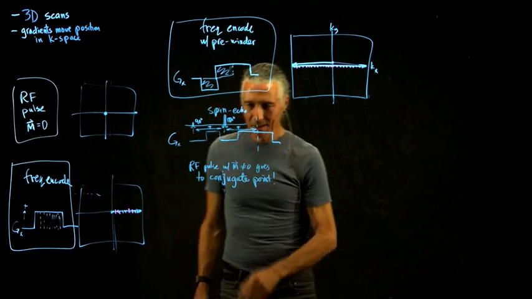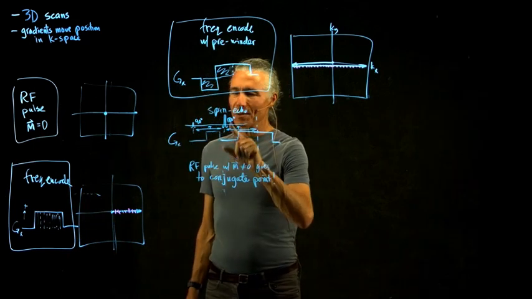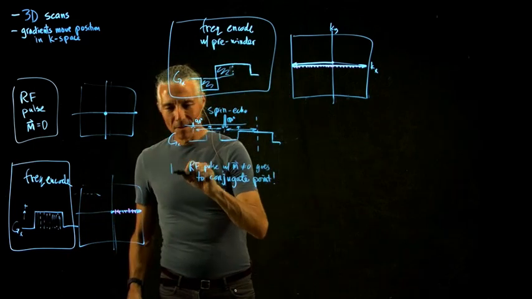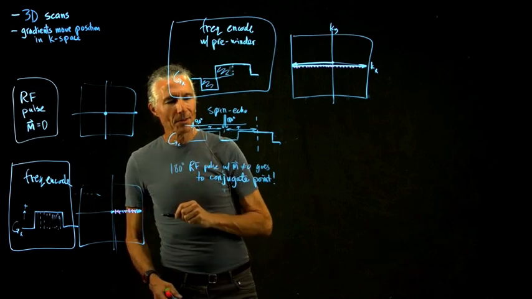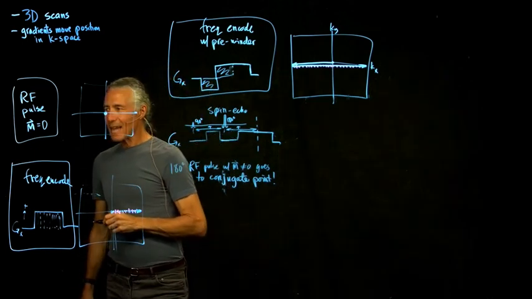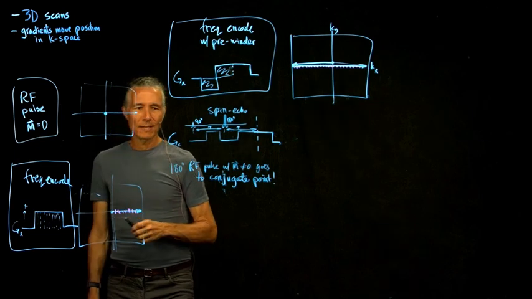A 180 degree RF pulse with magnetization not equal to 0 will flip you to the conjugate part of K-space.